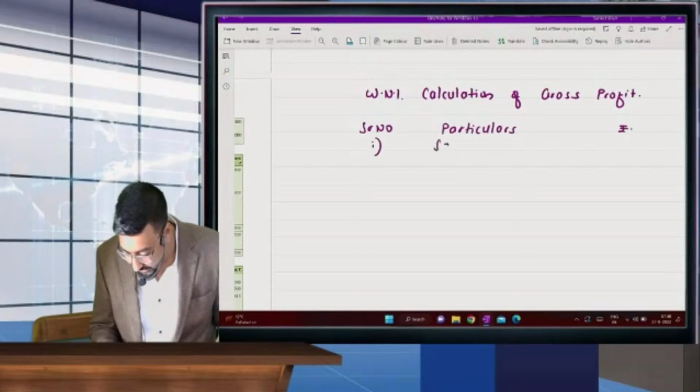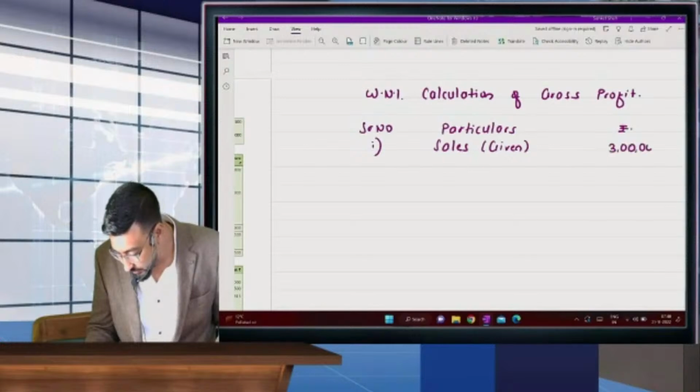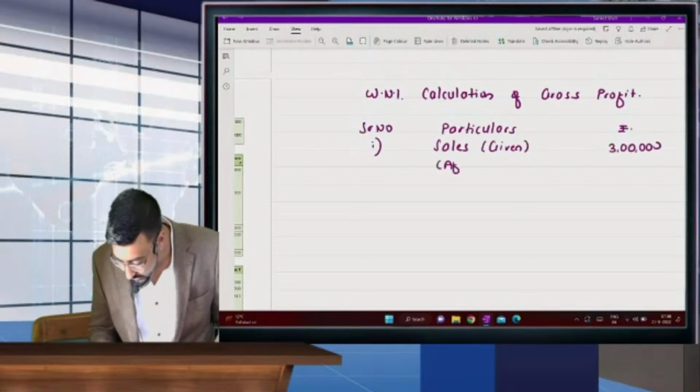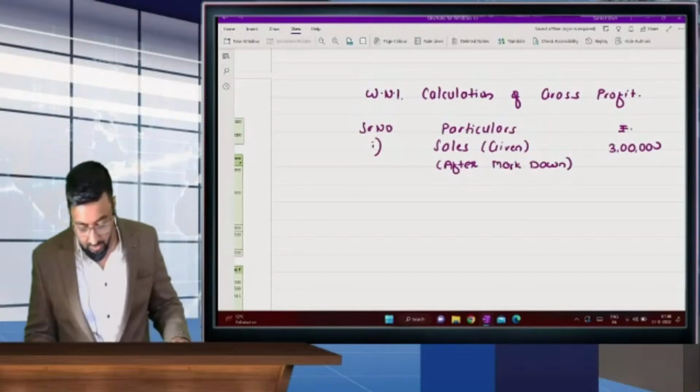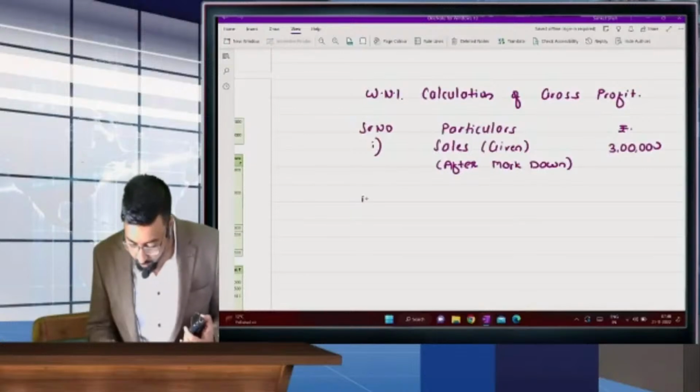Roman 1. Sales. Given 3 lakhs. But this is after markdown. After markdown. Roman 2.